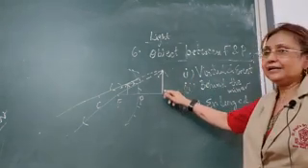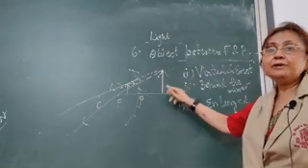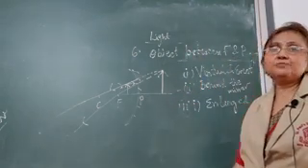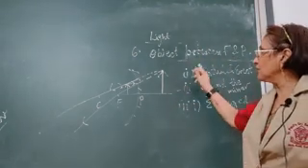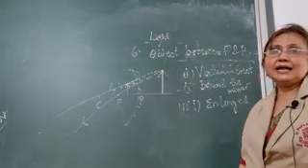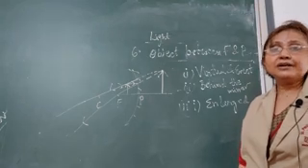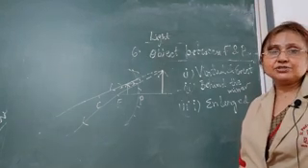But virtual and erect images are formed behind the mirror. So this is the only object position when the concave mirror forms a virtual and erect image. Otherwise, the concave mirror always forms a real and inverted image.